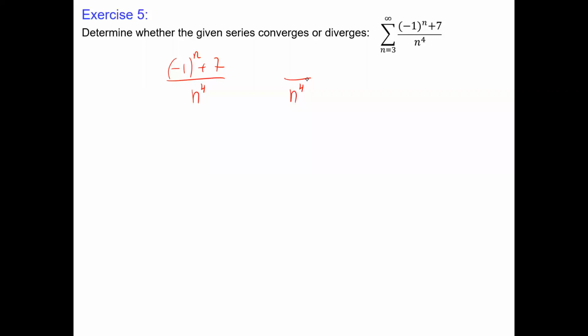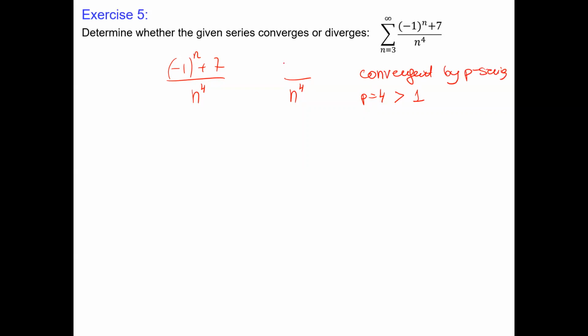Theoretically, you can compare your given series with anything, if you can explain and prove that everything works. We may notice this is n to the power of 4. That means P is 4, greater than 1. Then the infinite series is convergent by P series test.